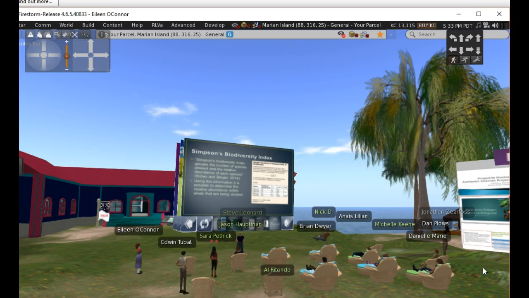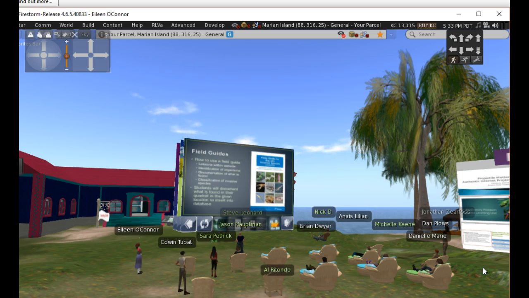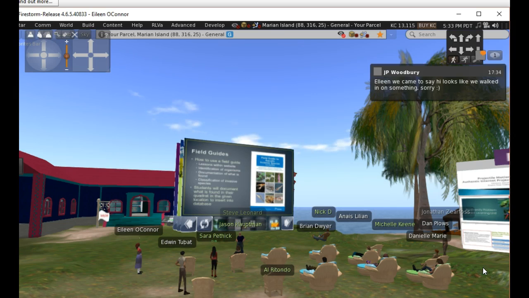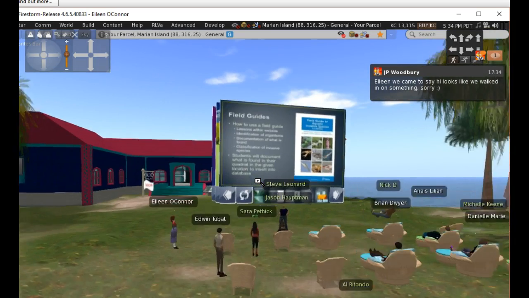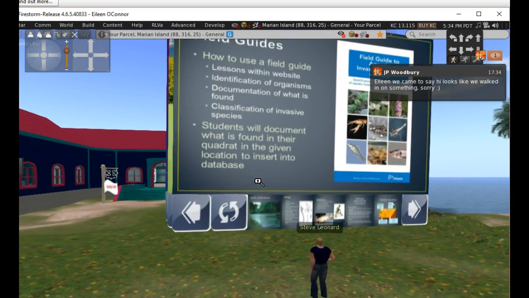With that, we're also trying to include a lot about field guides. So one thing we really added on our website was making sure that people understood how to use field guides, that there were lessons in order to know where to get them and how to get students using them. I put up an example of a field guide to aquatic invasive species because we did have a very large portion of our project with invasive species to help people identify what they were finding.